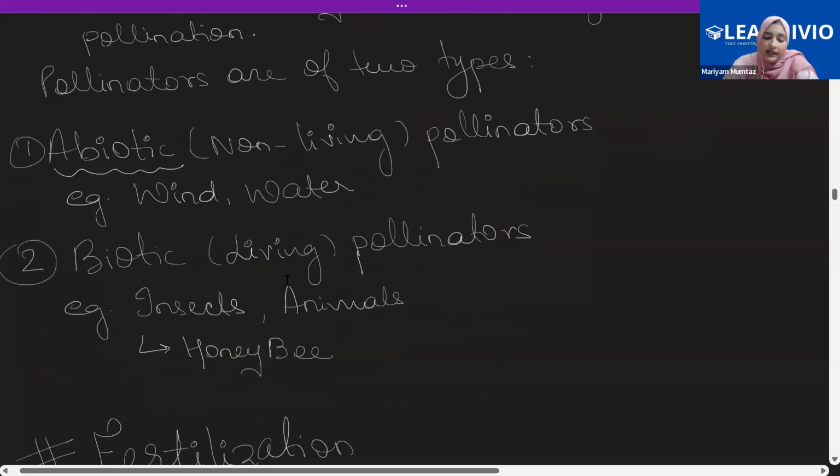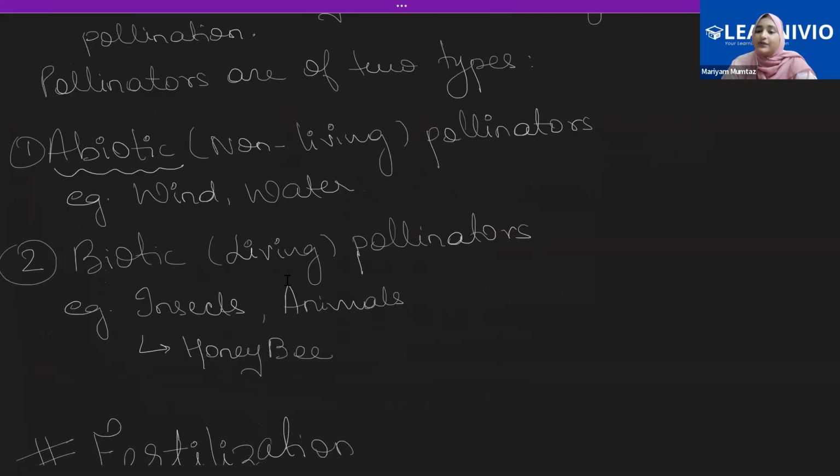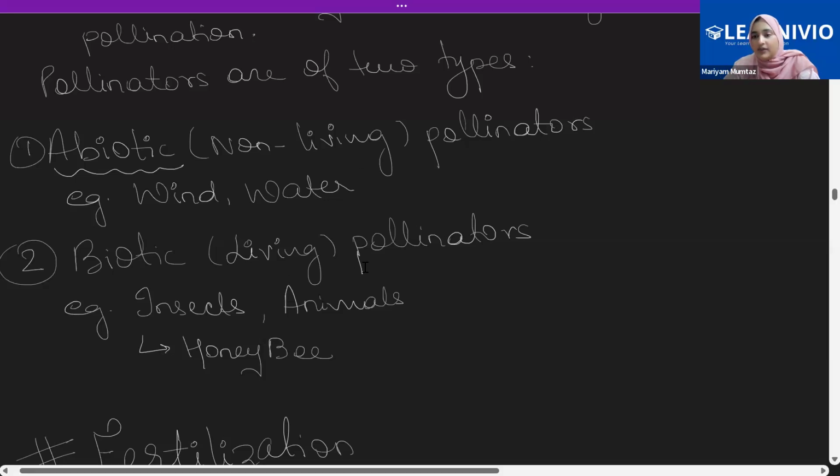Non-living pollinators are called abiotic pollinators, such as wind and water. On the other hand, biotic pollinators are living organisms that act as pollinators, like insects, particularly honeybees, and various animals. Clear, students?